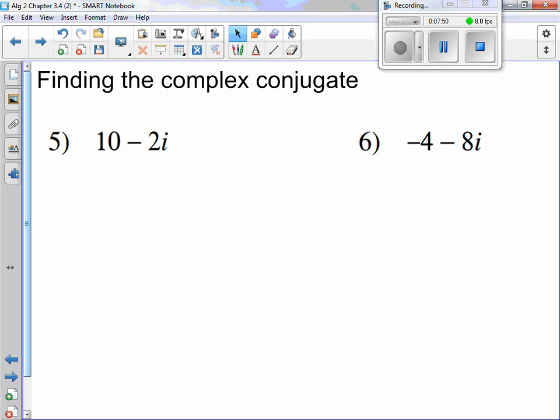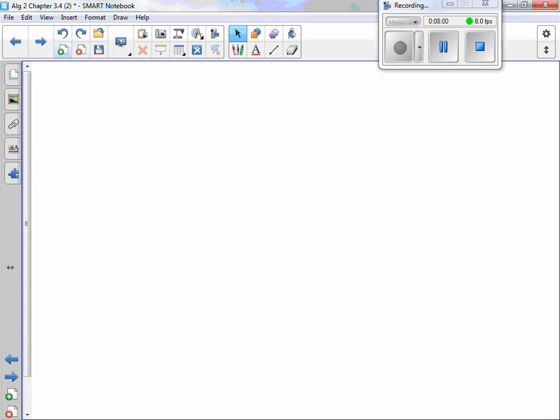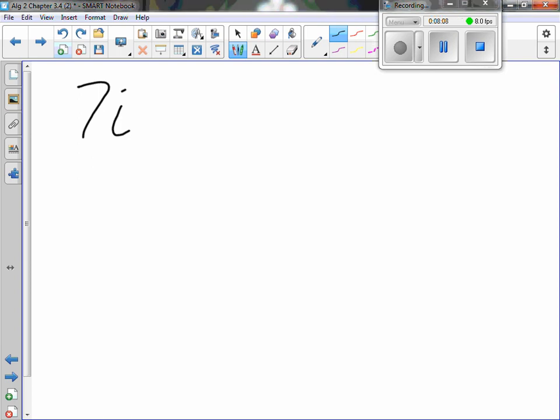Let's see here, because I think these are the last two. Okay, those are the last two. Now, I want to undo that. Needs to be to the right. What is the complex conjugate of 7i? Because what have we been doing?